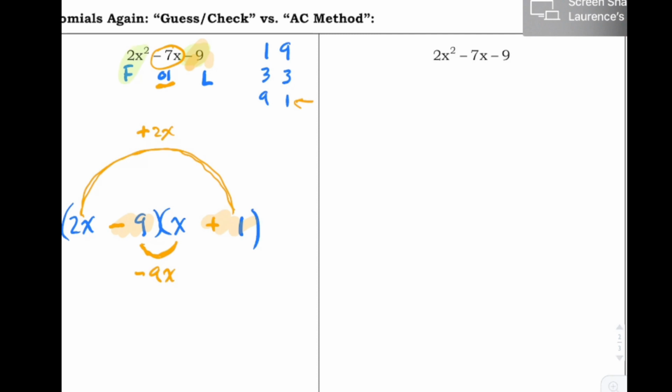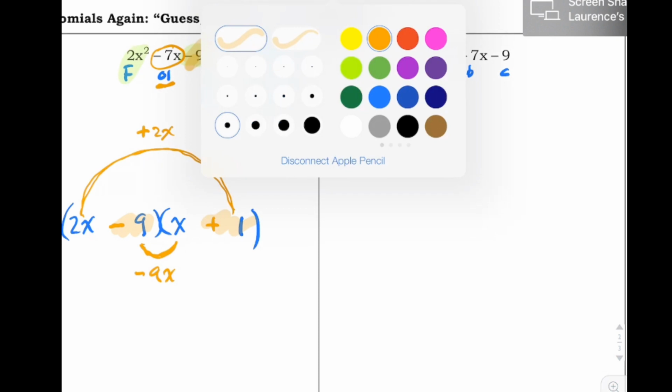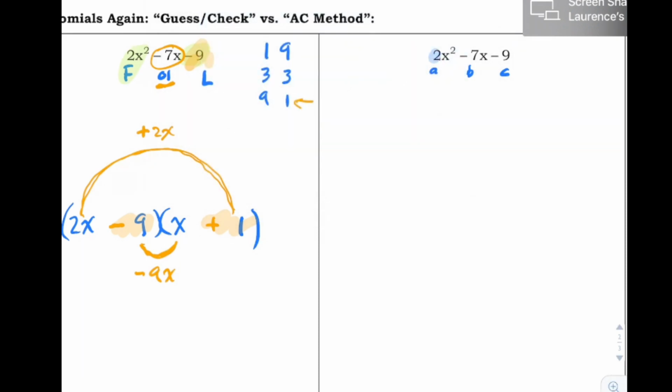But the idea with the AC method, remember quadratic formula, we tend to say ax squared plus bx plus c. We call these the coefficients. We tend to call the 2 a, the negative 7 b, and the negative 9 c.